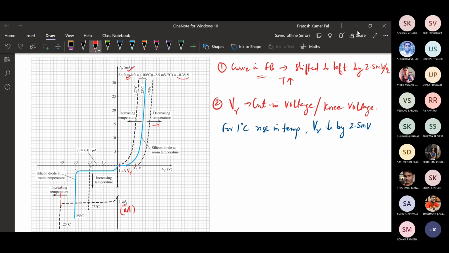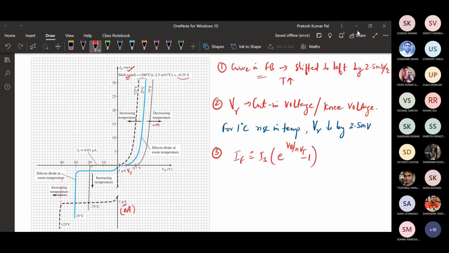Okay, the next is the forward current. We can see what the effect is on forward current. Basically this forward current is given by IF equals IS, that is the reverse saturation current, into e to the power Vd divided by nVt, minus 1.